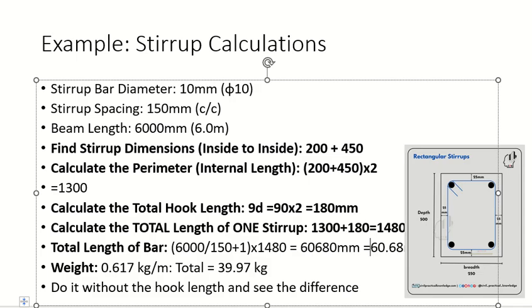So the area of this bar with a diameter of 10 is 314. And how did we calculate it? How do we calculate the area of the bar?